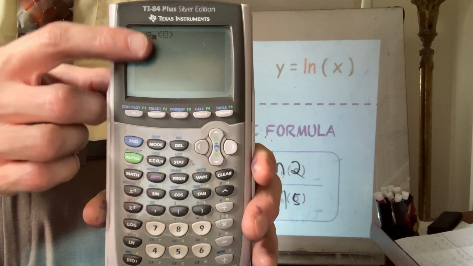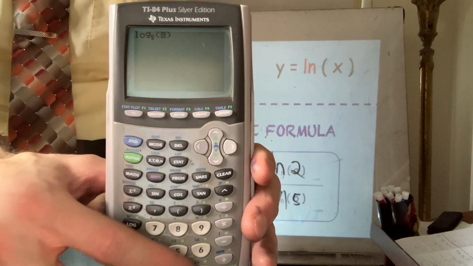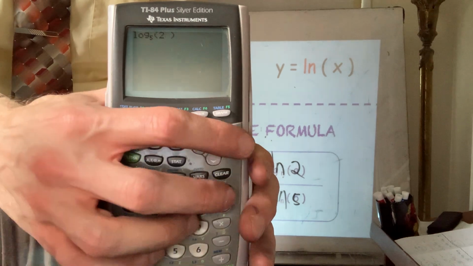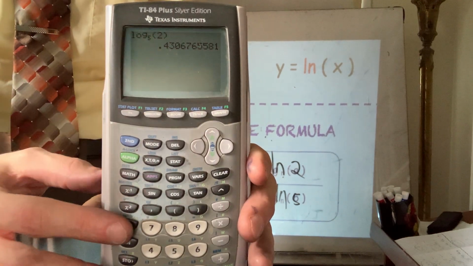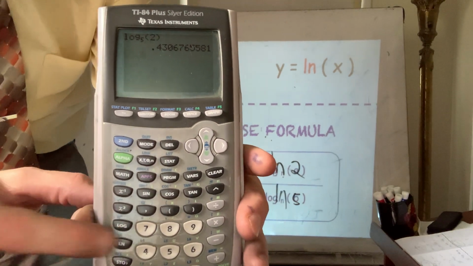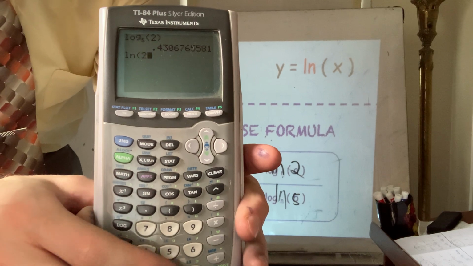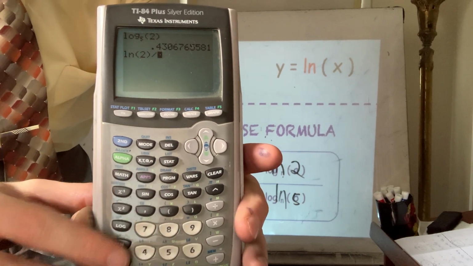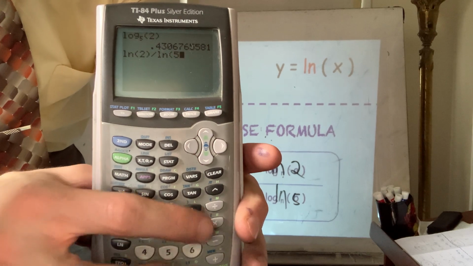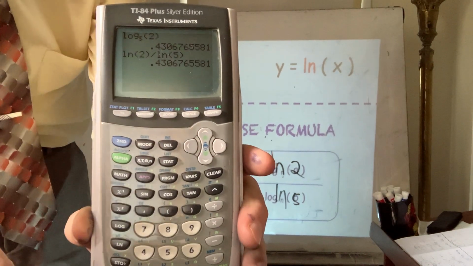You can intuitively put 5 and 2 there, scoot on out, and then hit enter: 0.43. It's still nonetheless cool. If you use the change of base formula with log base e, put a 2 in here, encapsulate, divide, hit natural log again, put 5, close it, and then hit enter, you get the same answer.